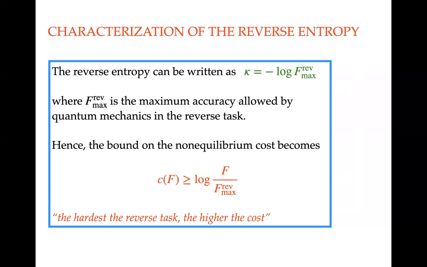So this lends itself to a nice slogan, a nice physical interpretation: the harder the reverse task, the higher the cost. So the smaller this maximum accuracy of the reverse task, the larger the cost, which sounds pretty much consistent with what we knew before with Landauer and other cases, that the irreversibility somehow is what controls the cost.